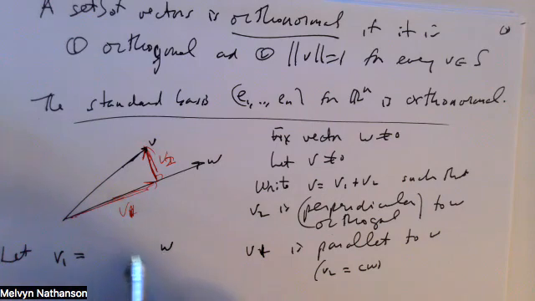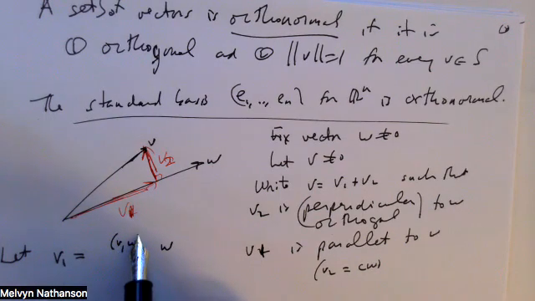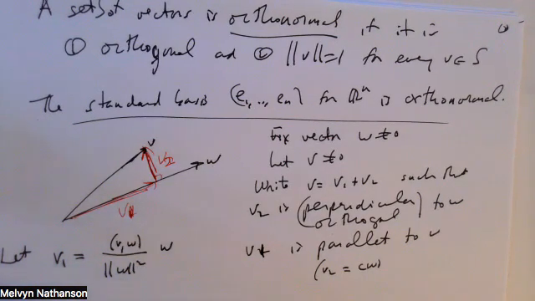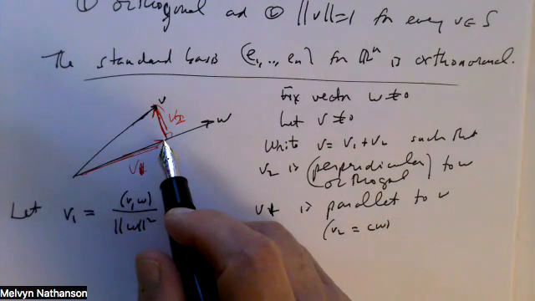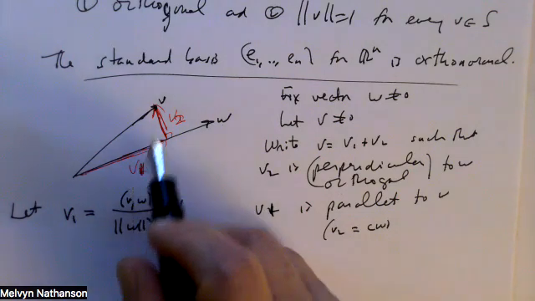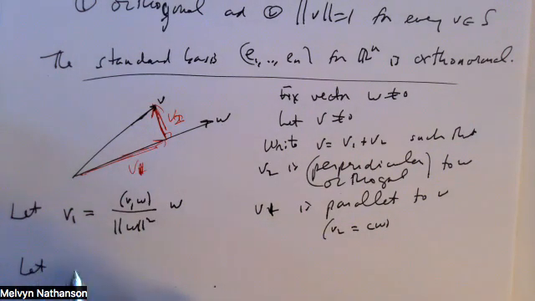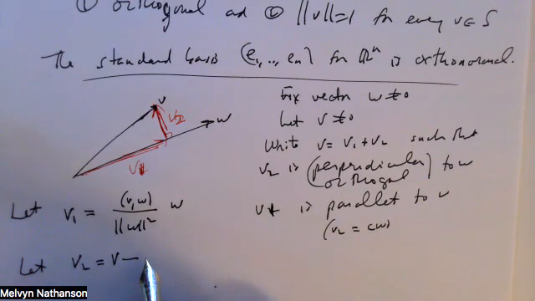If I multiply the vector w by a scalar, that vector is parallel to w. So v1 is going to be the inner product of v and w, divided by the length of w squared. Since w is non-zero, this denominator is non-zero. Whatever it is, v1 is definitely parallel to w. And I want v2 to be a vector such that when I add it to v1, I get v. So the easiest thing to do is to let v2 be v minus v1.